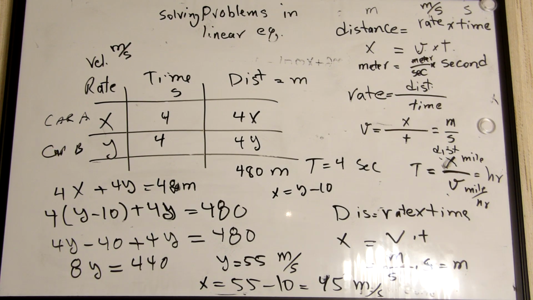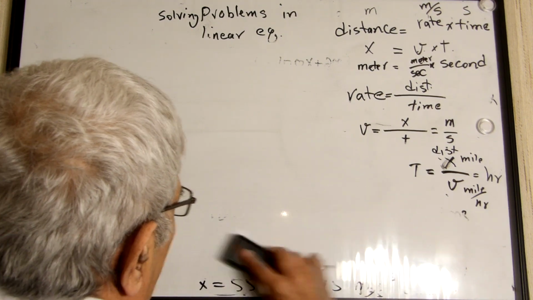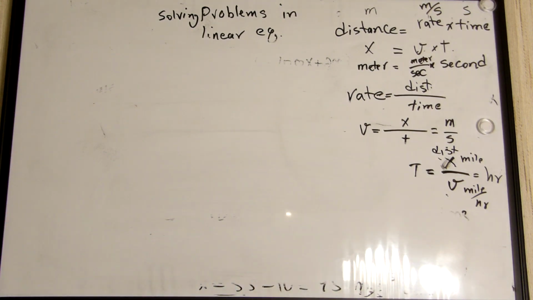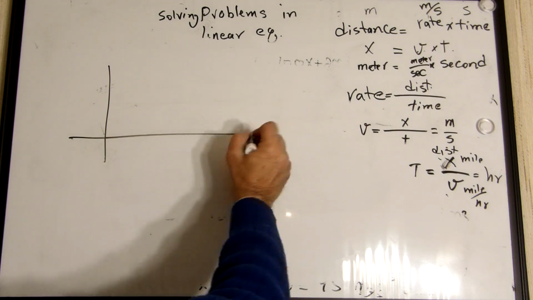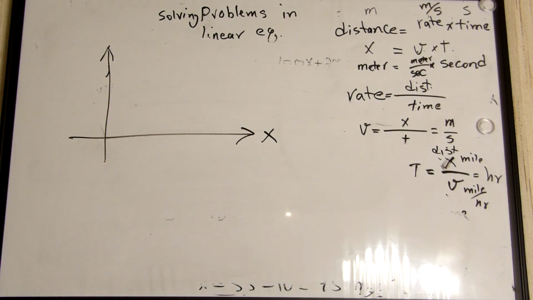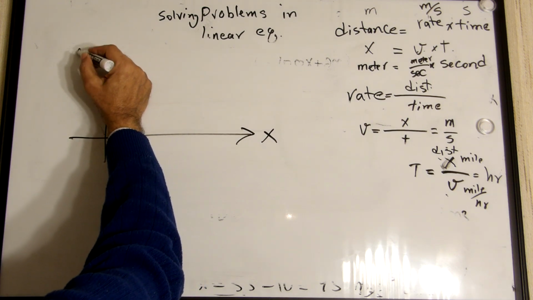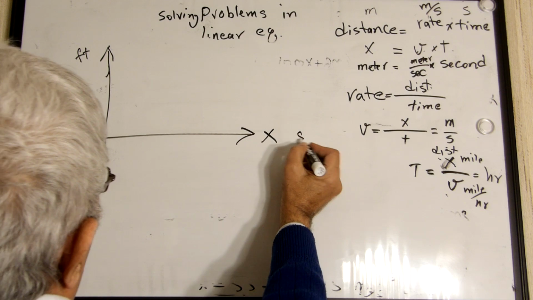So just remember that whenever x and y, whatever, this one could be feet, and this could be second.